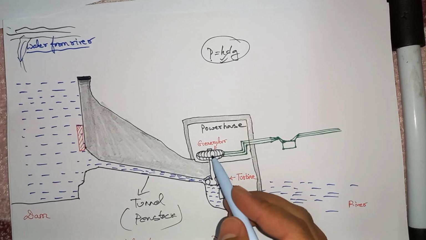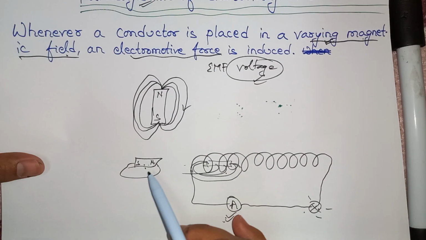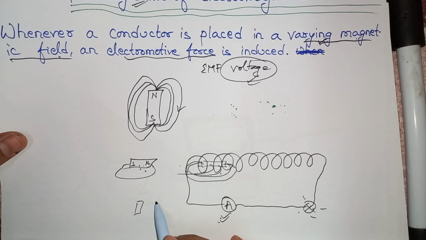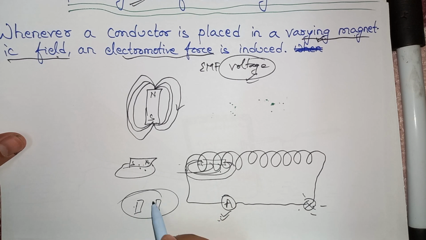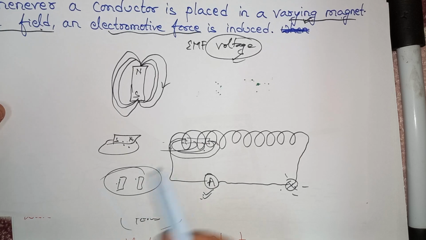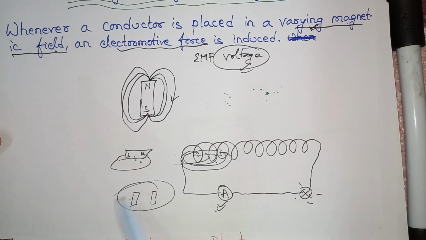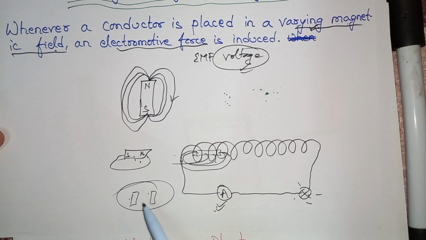Now as we see here, this generator will be connected with this type of magnet. Suppose this is a generator, it will be connected with the magnet. Whenever the generator rotates, this magnet starts to rotate.